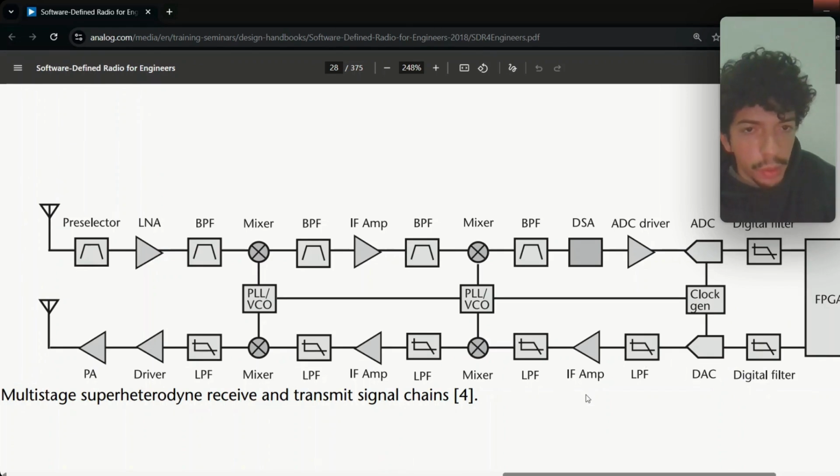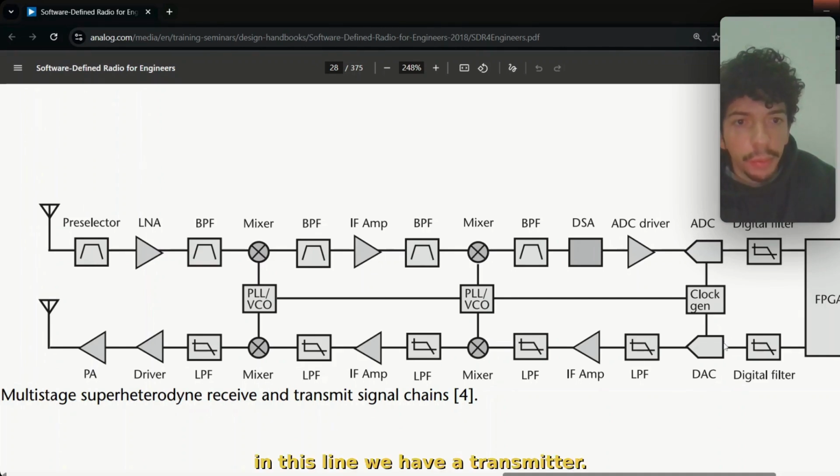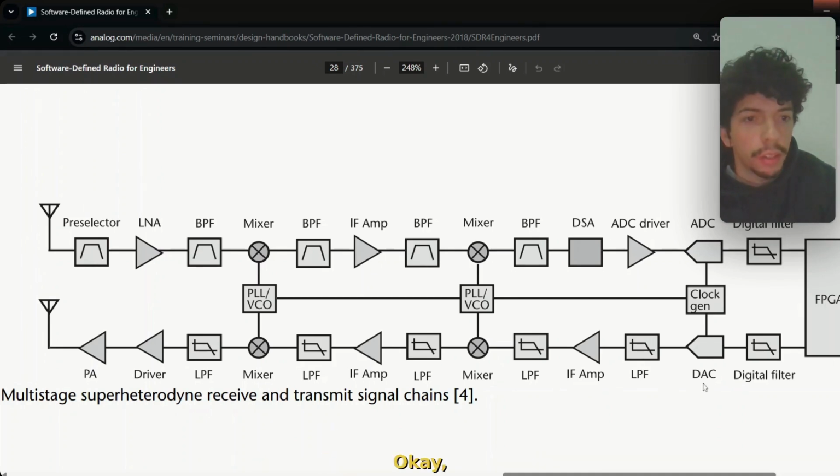In this line, we have a receiver. In this line, we have a transmitter, okay?